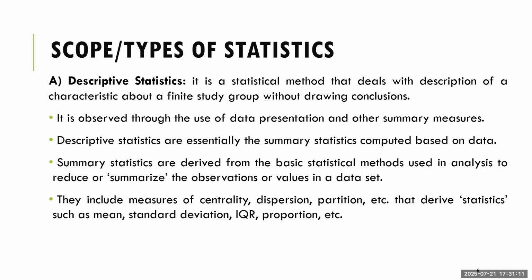And when we talk about descriptive statistics, we're looking at the measures of central tendency. So that's your mean, median, and mode. You'll be taught that. Then we look at the measures of dispersion. We cannot make complete sense of the data using only the measures of central tendency.